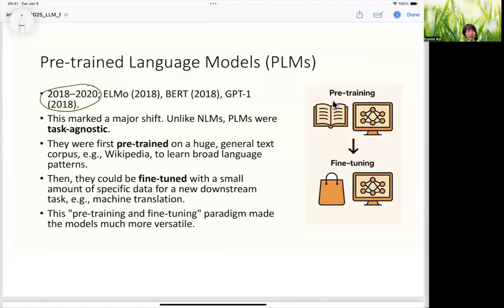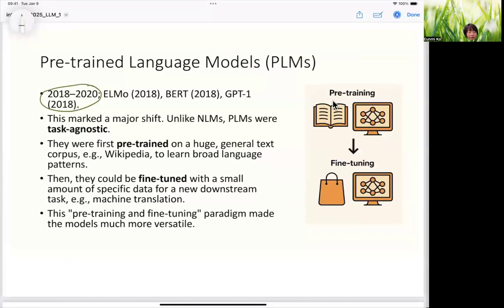So you don't have to train the model from scratch for machine translation and then again train this model from scratch for speech recognition, etc. You don't have to do that.